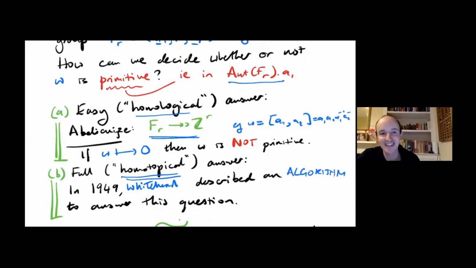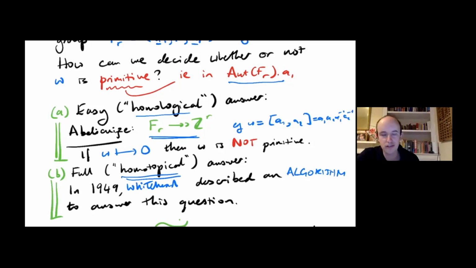They hadn't been around for very long. I'm not going to tell you how Whitehead's algorithm works today, because that's not important for the talk. You just need to know for now that there is an answer to this question, and it's a lot more complicated than this nice, easy algebraic answer of just abelianizing. It's just a much more complicated answer, but it will always work.